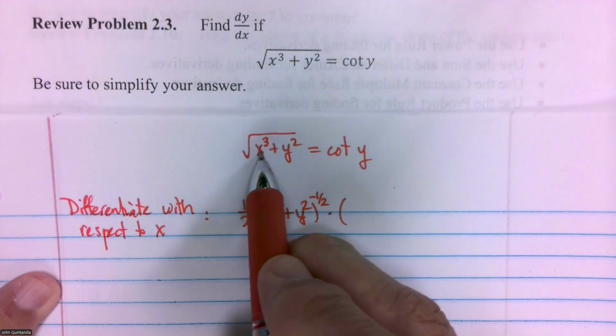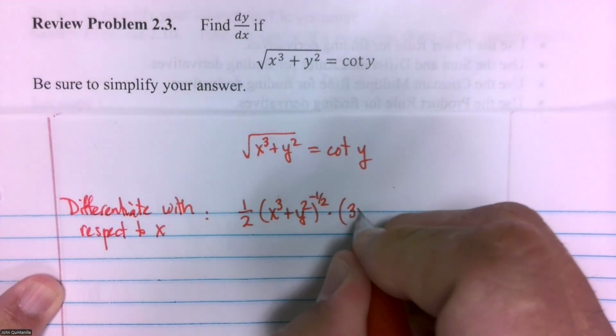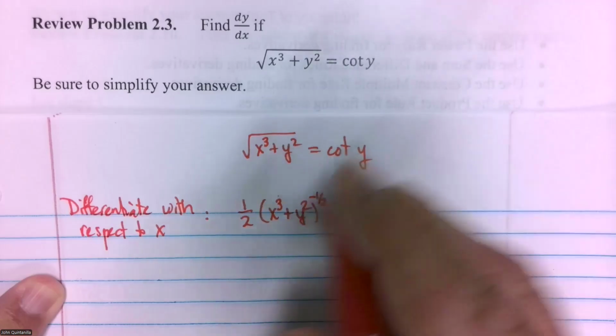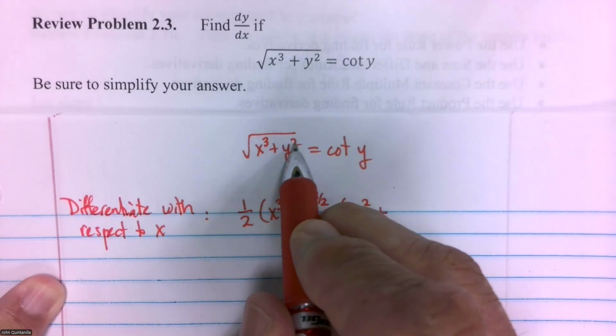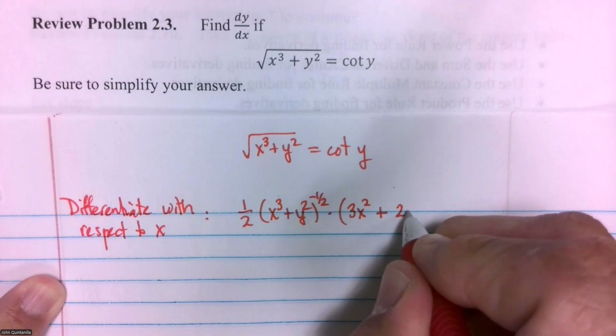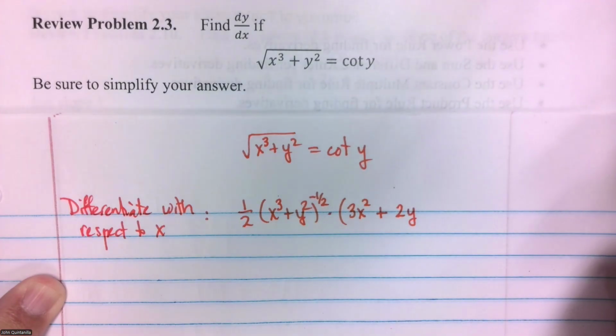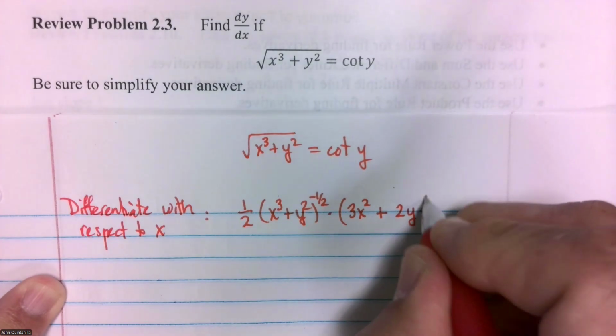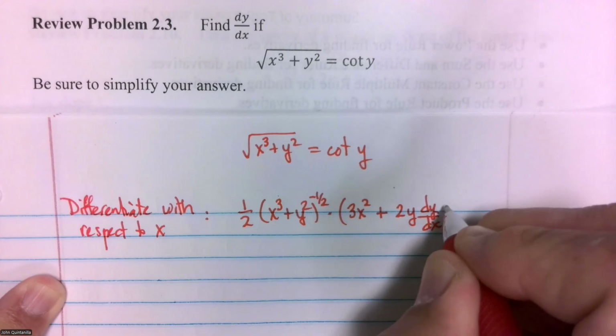The derivative of x cubed with respect to x is 3x squared. The derivative of something squared with respect to x is going to be 2 times the something times the derivative with respect to x, so dy/dx.